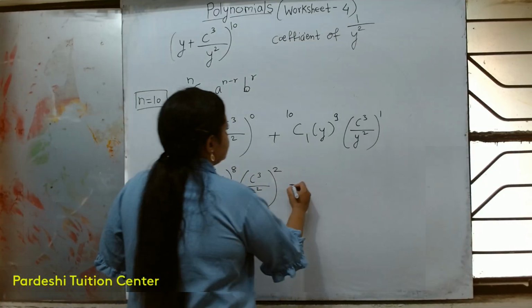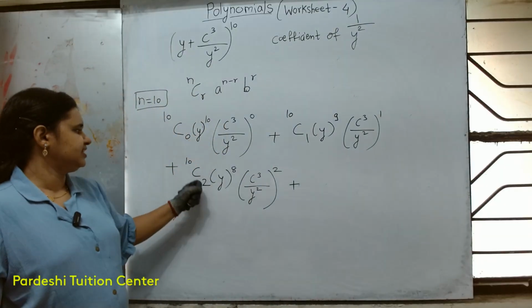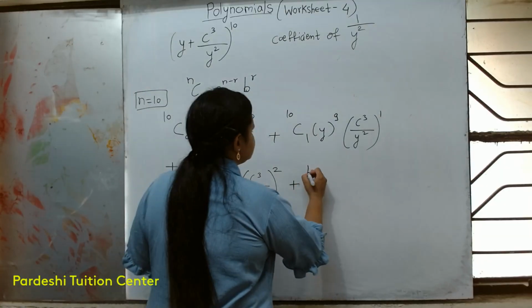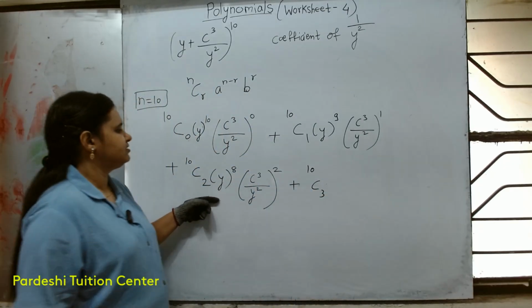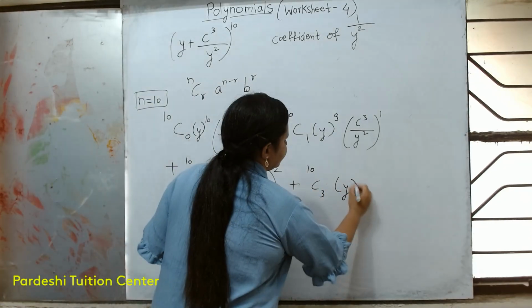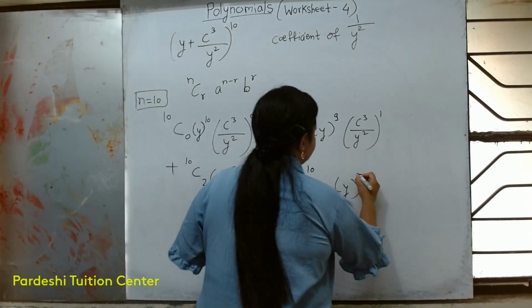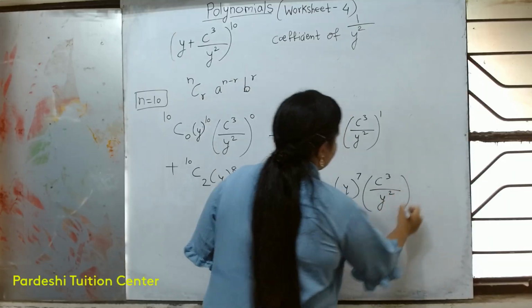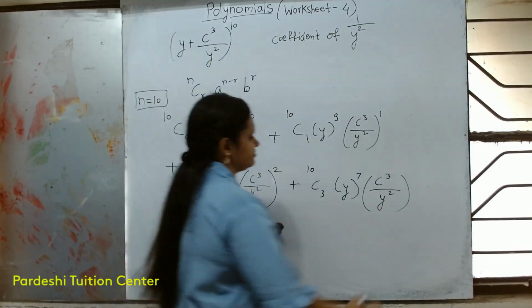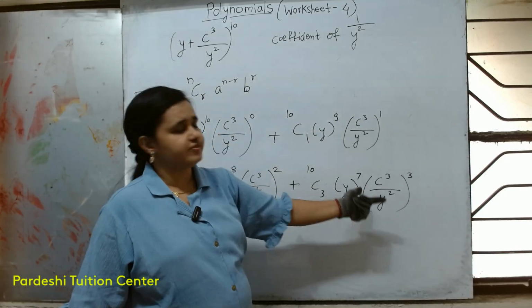So again we will take the next term. So the next term will be here, it was 10c2, so the next term will be 10c3. Now y to the power 8. So first a to the power n minus r means 10 minus 3, so it will be 7 and again c3 upon y square to the power r. Here r is 3. Now again, can you find 1 upon y square here?